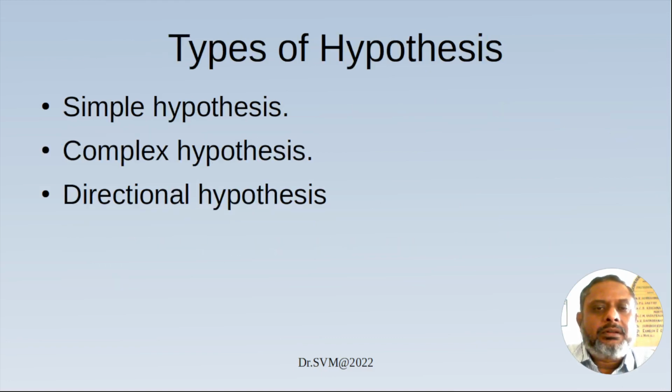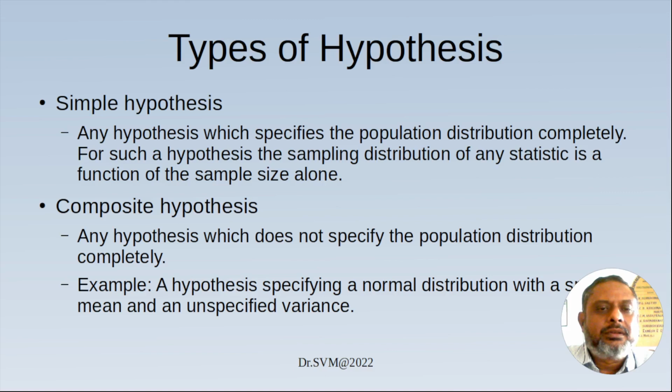So there are three types of hypothesis: simple hypothesis, composite hypothesis, directional hypothesis. Simple hypothesis is one where the whole population distribution is used completely, and in this case the sampling distribution is static. Under composite hypothesis, the whole population distribution is not used.